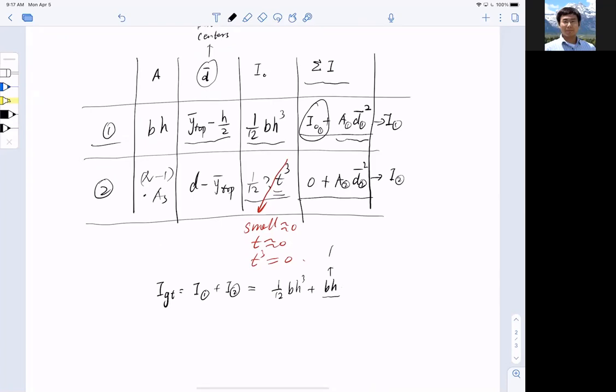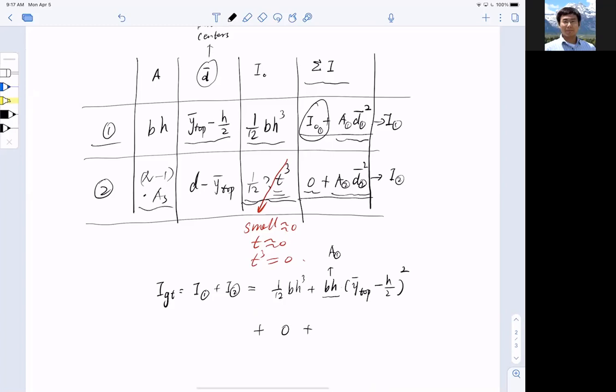By the way, this is A1, okay? And D1 bar squared is basically y top minus half H squared. Plus 0, because there's no moment of inertia with respect to itself, plus A2 D2 squared.